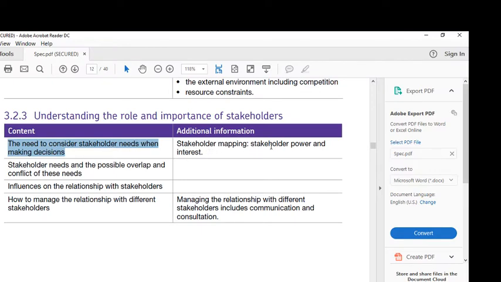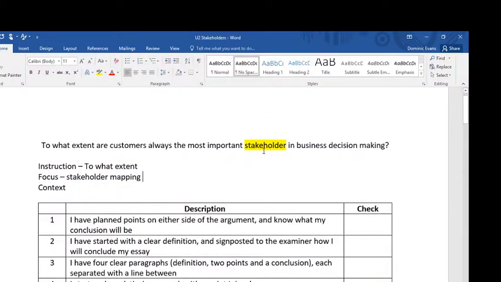You should know the stakeholder map, and actually what determines the need to consider stakeholders is the process of stakeholder mapping. So this is actually a question on stakeholder mapping, which you'll pick up on if you know the specification, and that will help you with your answer.